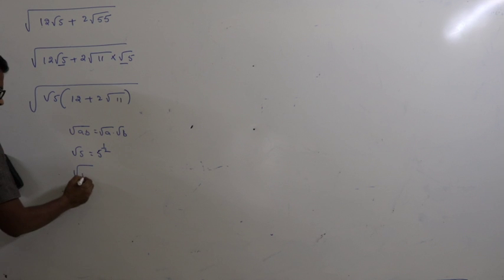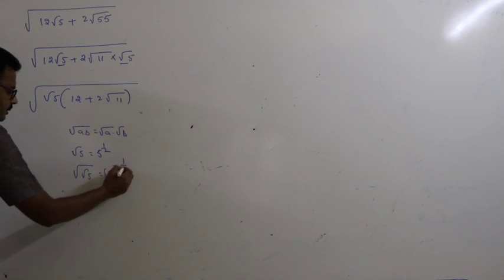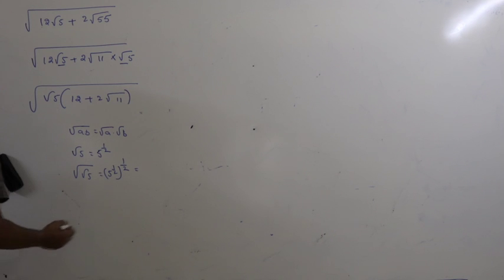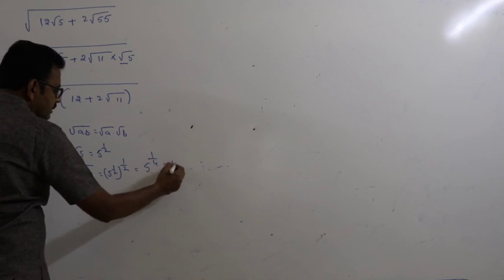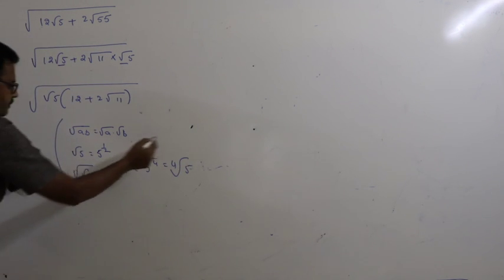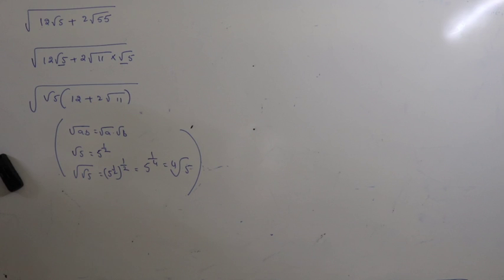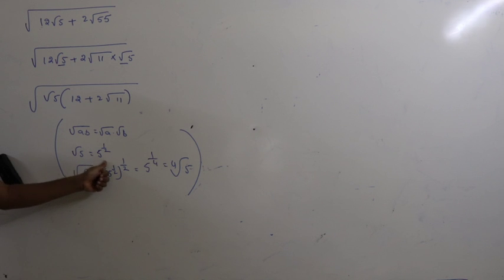And the root of root 5 is equal to 5 power 1 by 2 whole power 1 by 2, that is 5 power 1 by 4, which is nothing but the fourth root of 5. Again, root of root 5 means 5 power 1 by 4, that is the fourth root of 5.